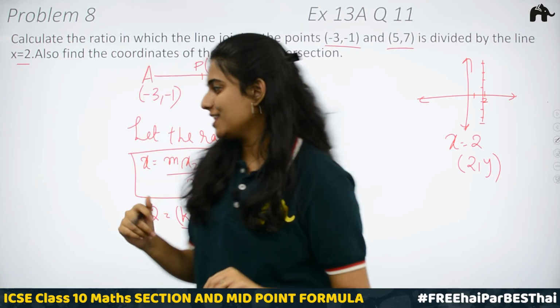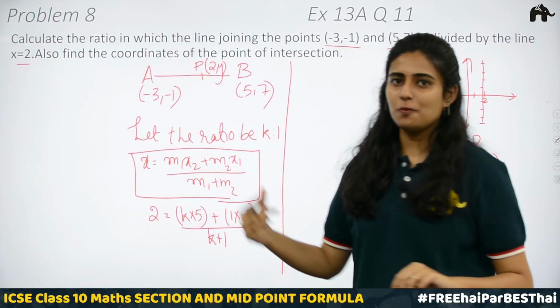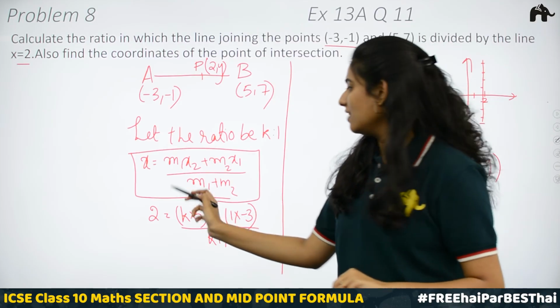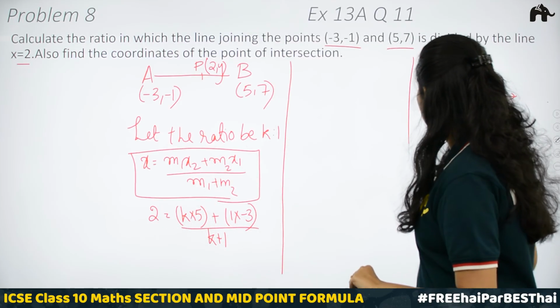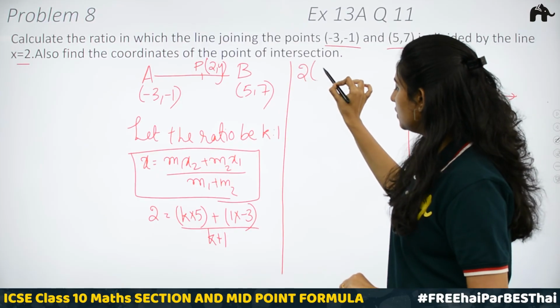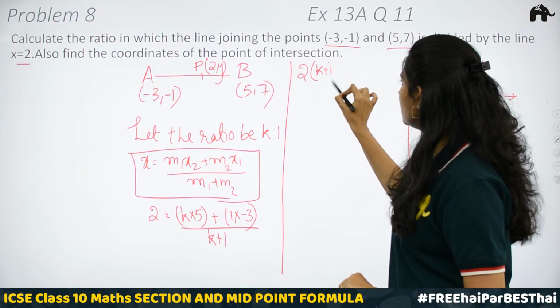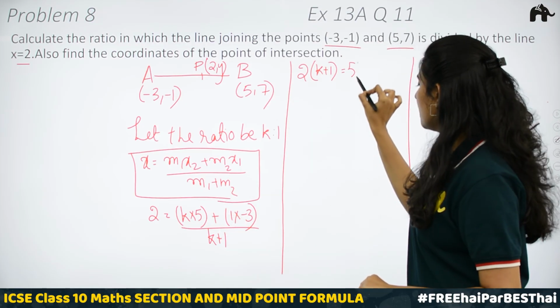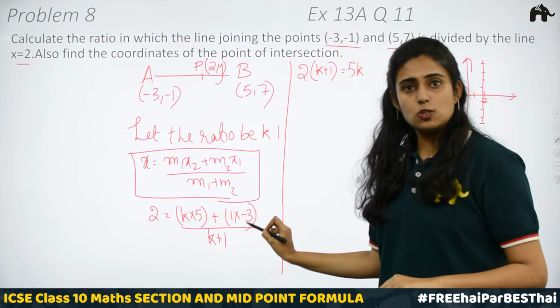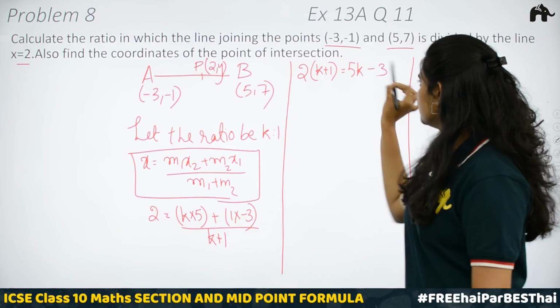Now, in previous questions, we used to take this k plus 1 to the opposite side and it becomes 0. Here we do not have 0, here it is 2. Therefore, 2 into k plus 1 is equal to k into 5 is 5k, 1 into minus 3, minus 3.